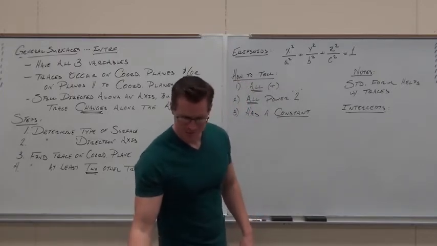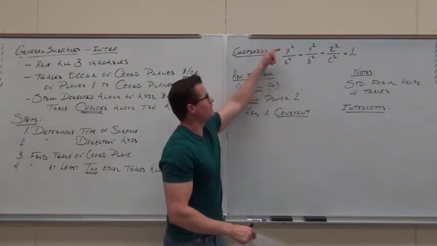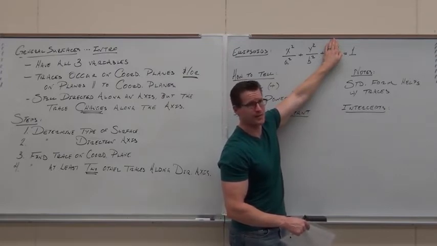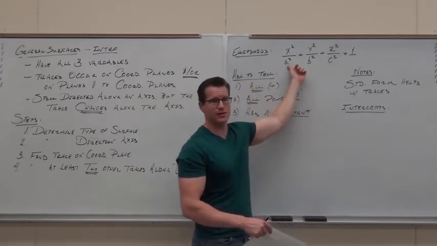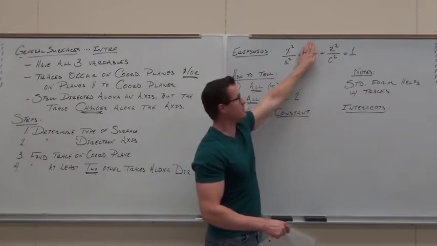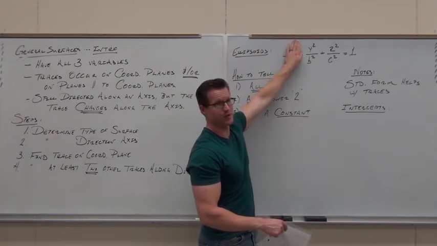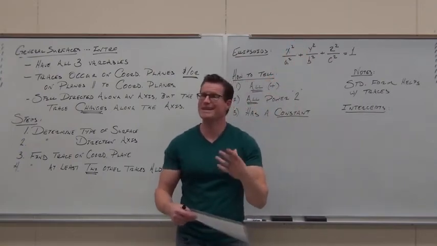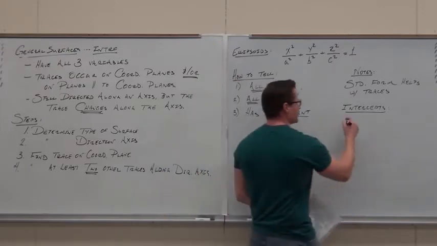For instance, that right there has intercepts at positive and negative A, positive and negative B. Then intercepts at positive and negative A and C, and intercepts at positive and negative B and C. So the intercepts are really easy to find in standard form.